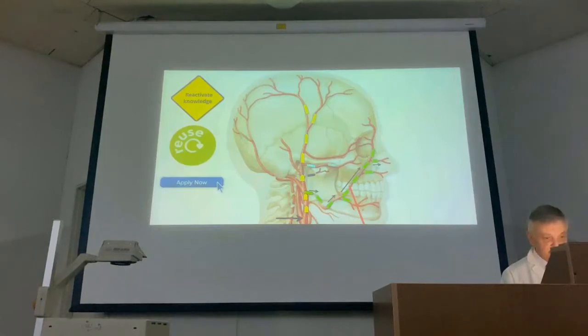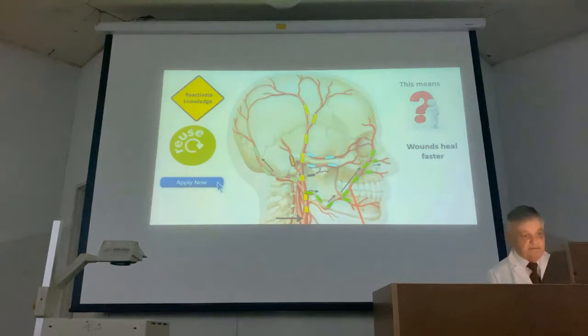These two arteries running along transverse part of the face are called transverse facial arteries. Then the external carotid gives one posterior branch, which is called the posterior auricular, that supplies the occipital area.